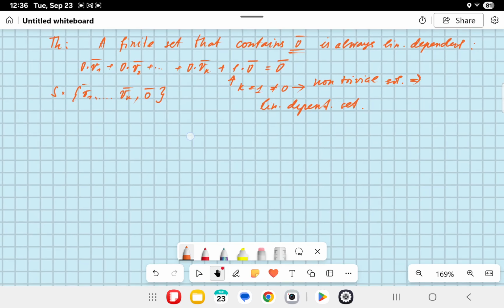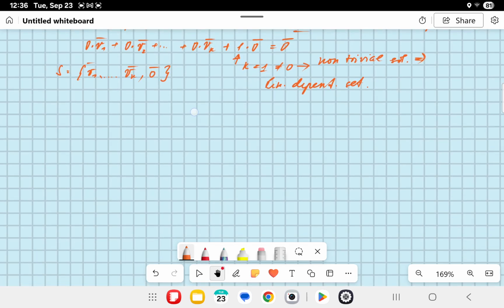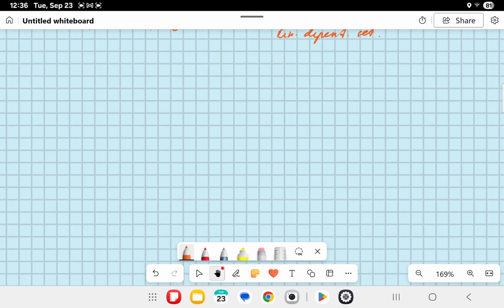Okay. Another theorem. A little bit longer and more complicated to write, but easier to understand. Next theorem. Let S be a set of vectors in Rn, n-dimensional vectors.